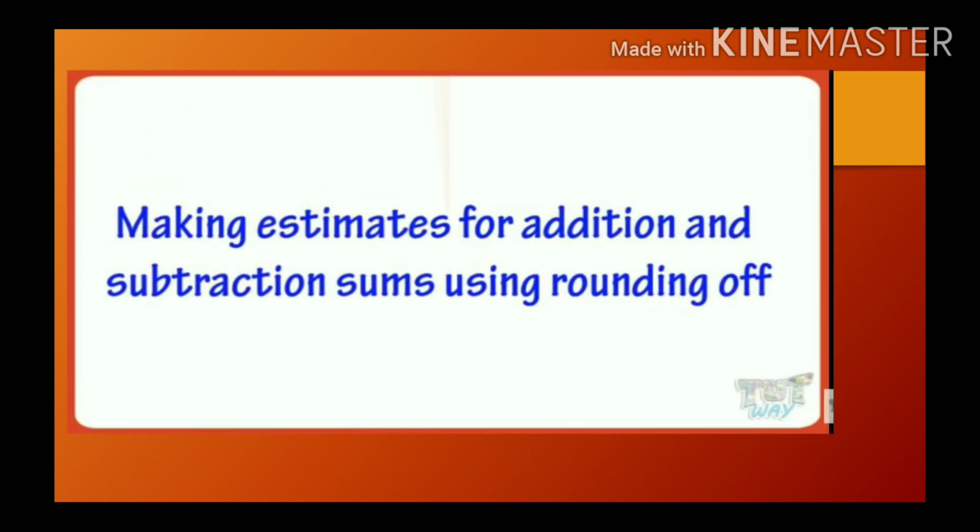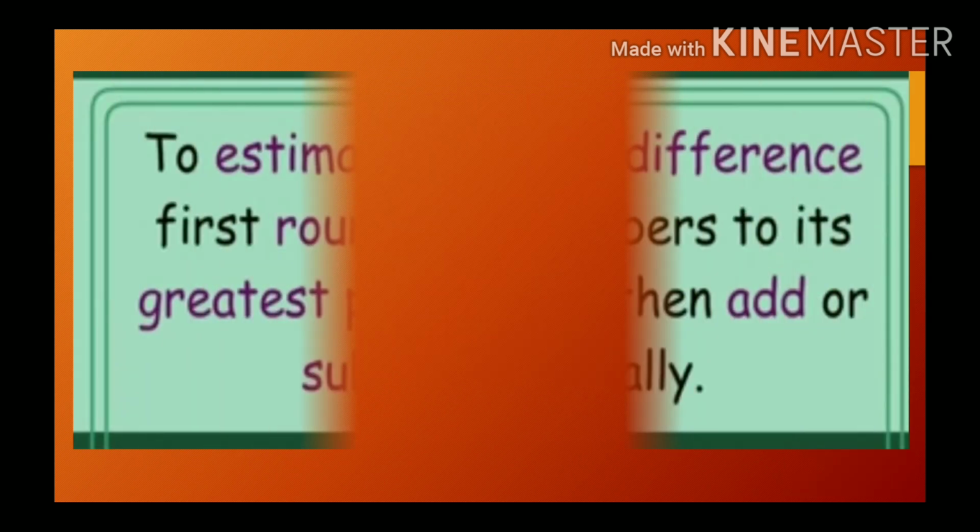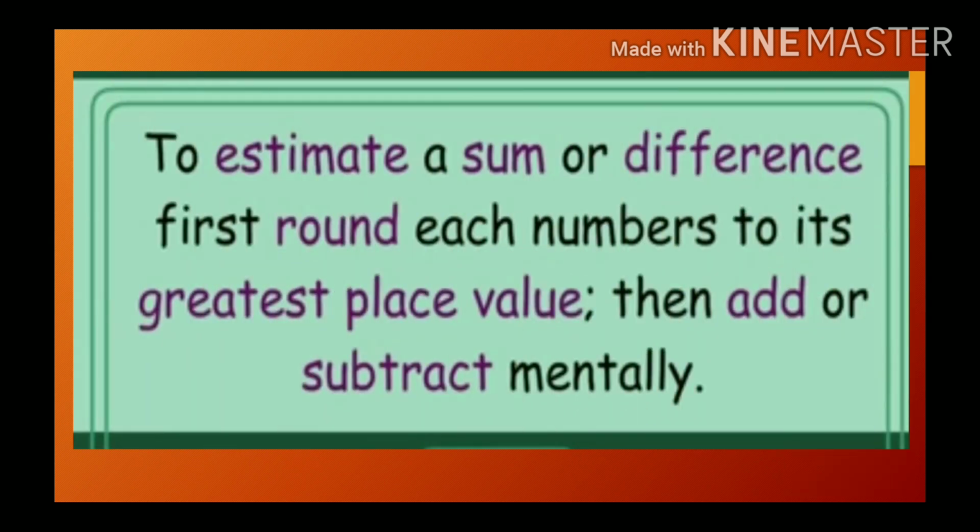Now, the next topic is making estimates for addition and subtraction sums using rounding off. To estimate a sum or difference, first round each number to its greatest place value, then add or subtract mentally.